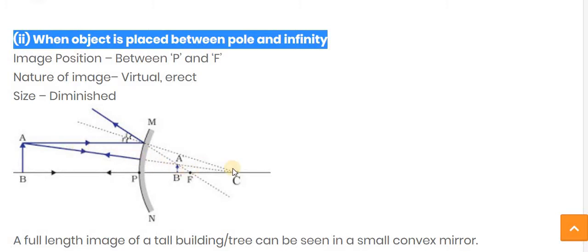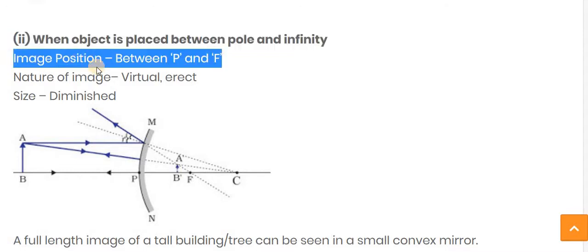So if we draw this imaginary line, then both lines meet between the P and the F, this one A dash B dash, that's our image. So the image position is between the P and the F.